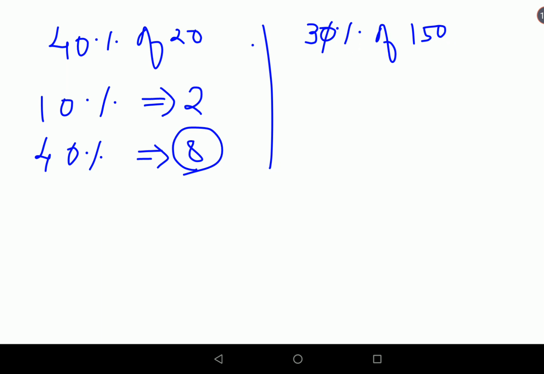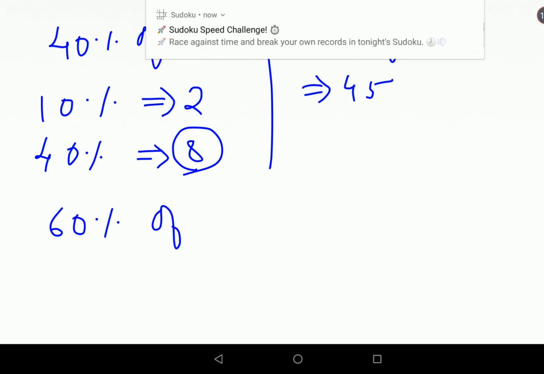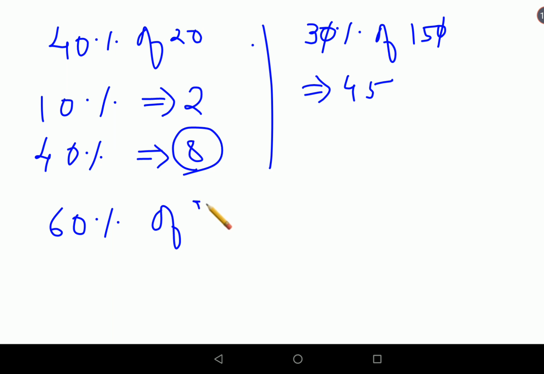Like I said, we'll cancel the 0. So 3 into 15, the answer comes out to be 45. Let's do 60% of 750. Here also you just have to multiply 75 and 6, and that is nothing but 450. I hope this is getting through to you.